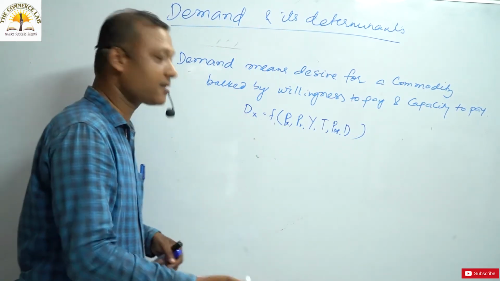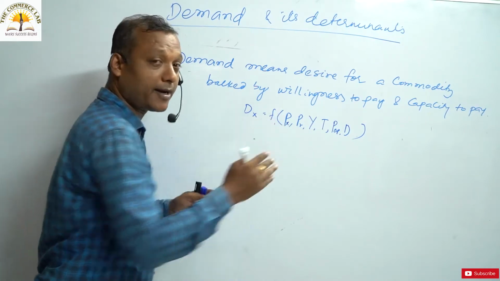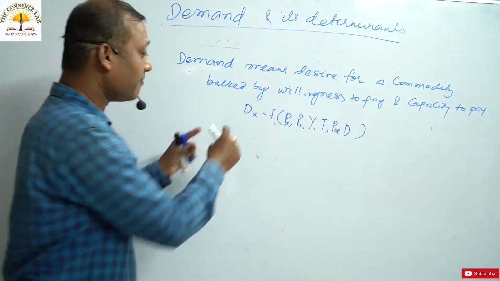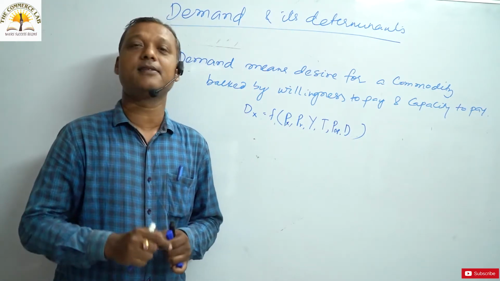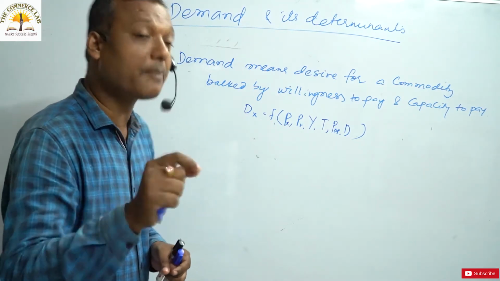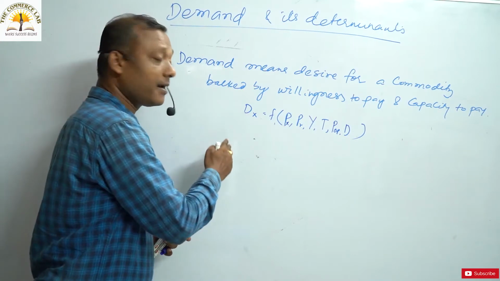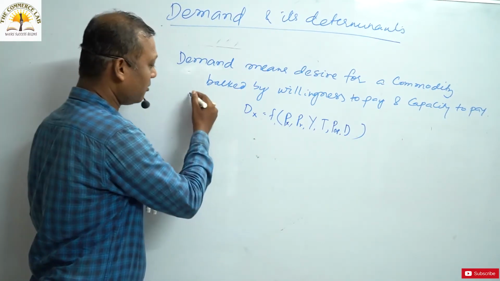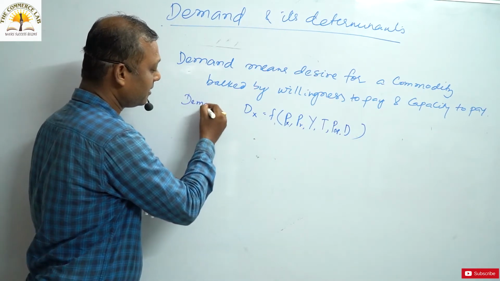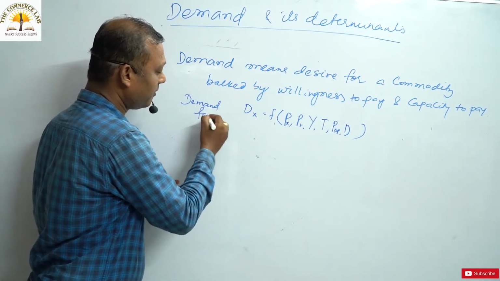We have completed what is demand. Now we will discuss what is demand function. Literally, demand function means the functional relationship between demand and its factors. You understood? Now we are moving to our next segment, that is demand function.